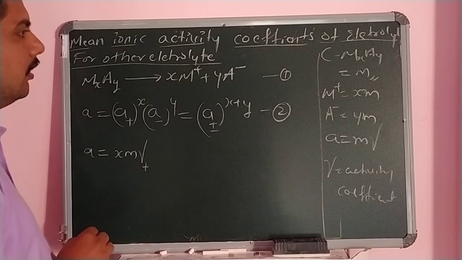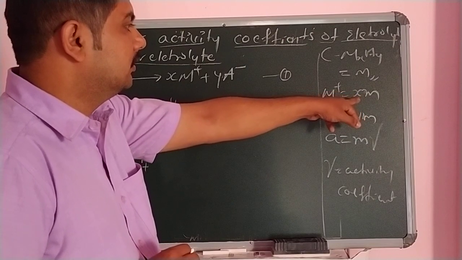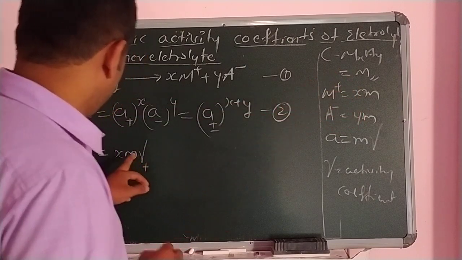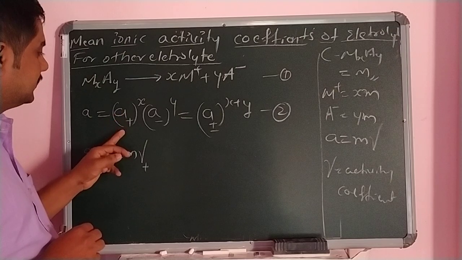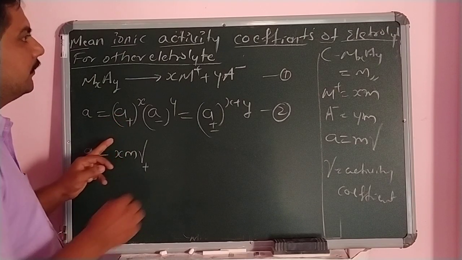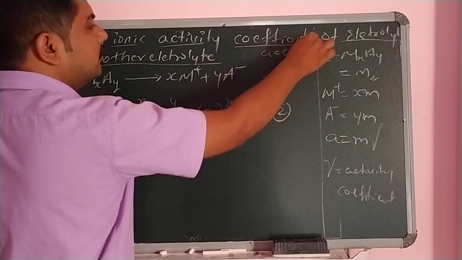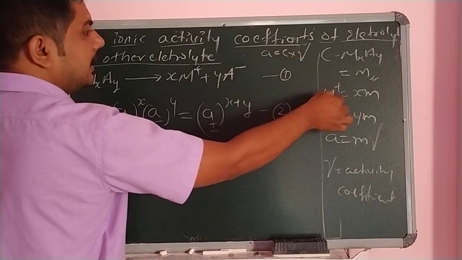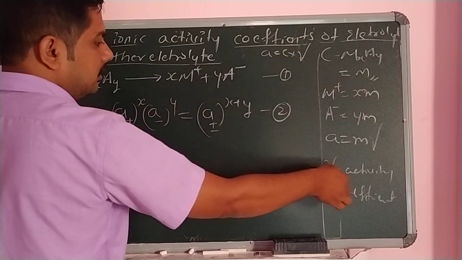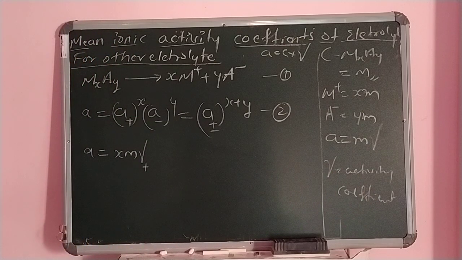Remember, this is the concentration. Here we have to take a plus, the activity of the positive ion, which is equal to c into f, or c into gamma. c is like x m, and gamma is the activity coefficient of the species.